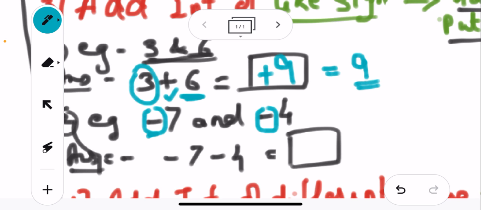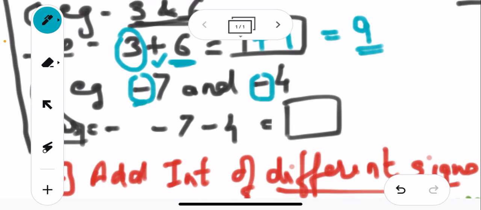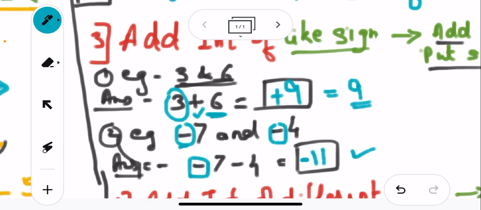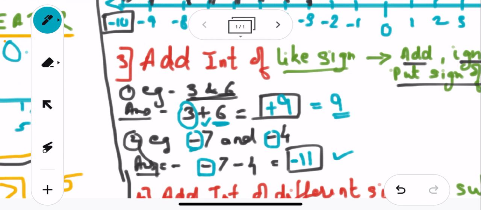Again we will add them like normal addition, that is 7 plus 4 is 11. You will put the sign of the greater number, that is minus. So my answer is minus 11. This way you will solve when the signs are the same.